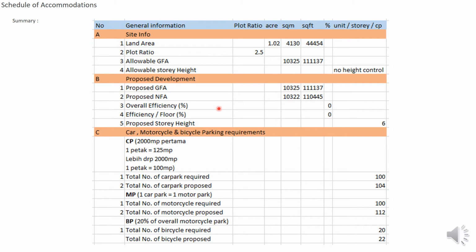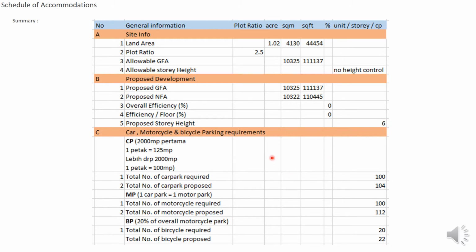The local authority won't calculate the M&E and car park into the usable area, so the overall efficiency is considered zero and the efficiency floor is also 0%. My proposed building height is 6 storeys.